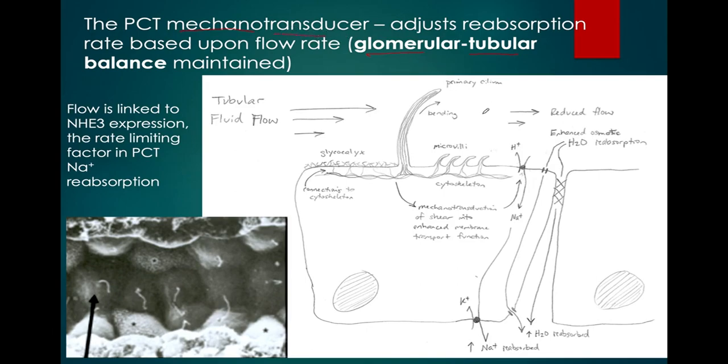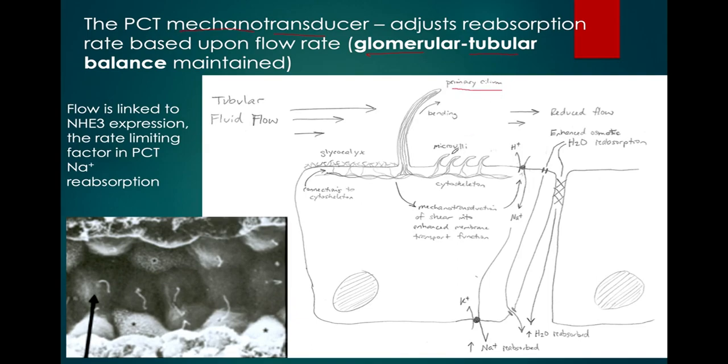What that means is that it mechanically converts flow, right? It's converting the mechanical action of flow, actually what's called shear stress, on the walls into altered reabsorption, right? And so the actual structures of this mechanotransducer are this thing called a primary cilium, right?